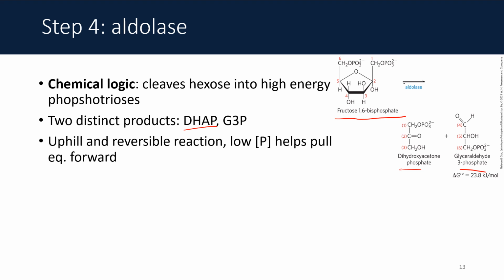The fact that we are destabilizing and activating these compounds is inscribed in the fact that our reaction delta G is super positive. Positive 24 kilojoules per mole. Thermodynamically, that is incredibly uphill.